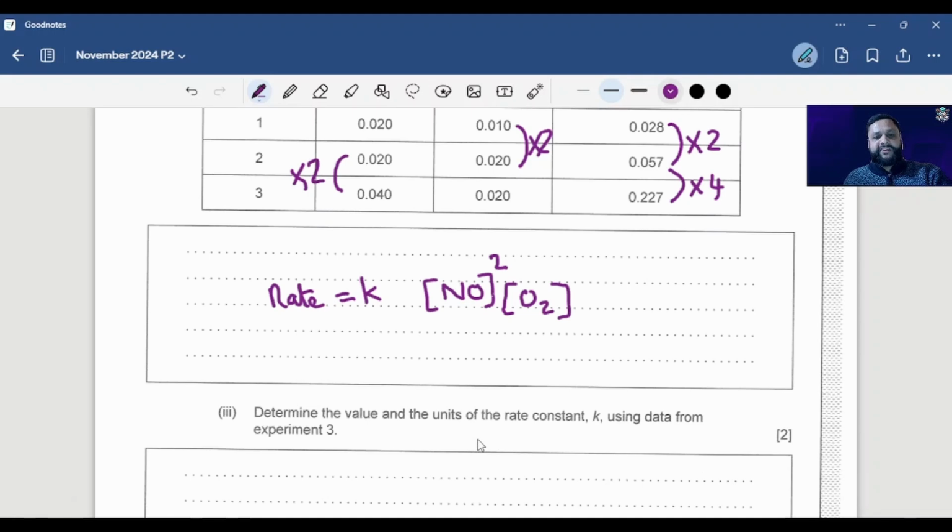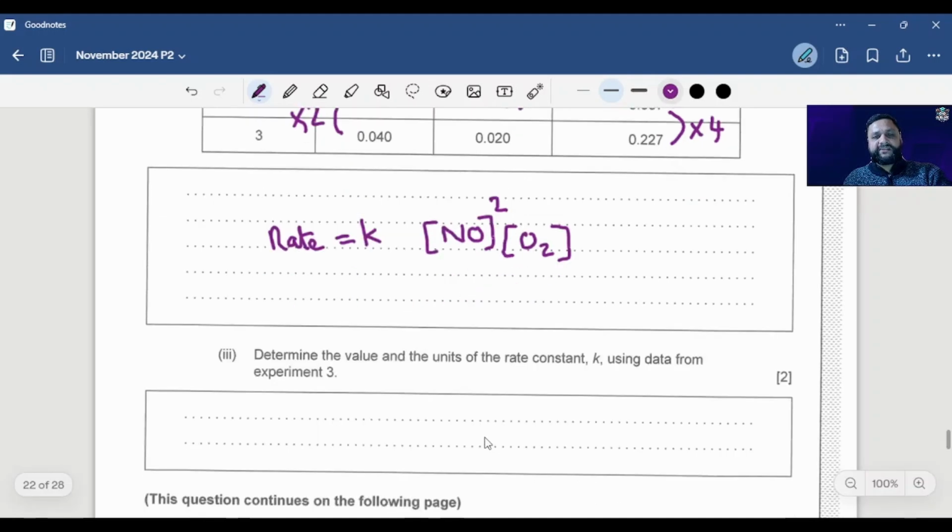So determine the value and the units of rate constant using data from experiment 3. So let's rearrange the equation for k. So k will be equal to rate over NO squared times molar concentration of oxygen. Let's substitute the values.